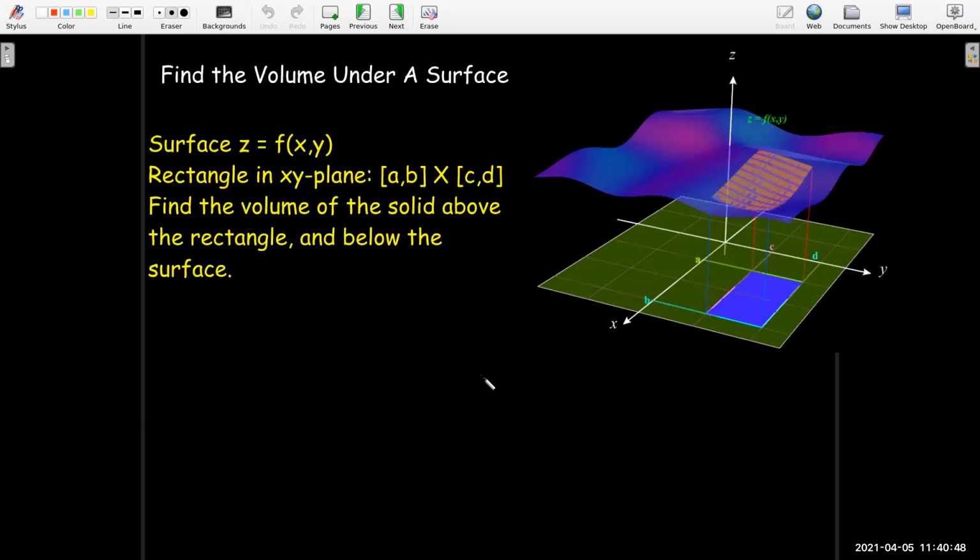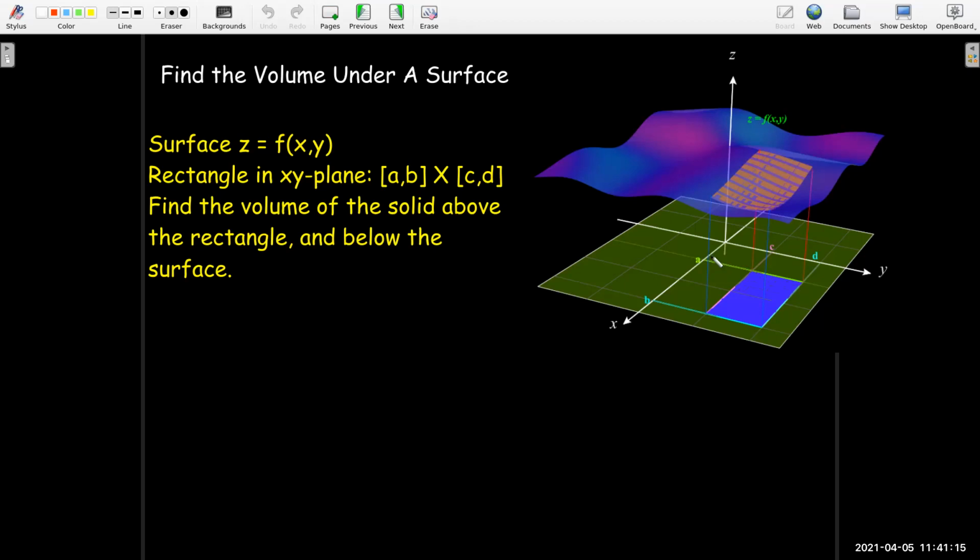Well, we're going to do something similar with surfaces. We'd like to be able to calculate the volume under a portion of a surface. And what that means is we'd like to know the volume between the surface and the xy plane. And again, in the simplest case, we're going to choose the region to be just a rectangle.